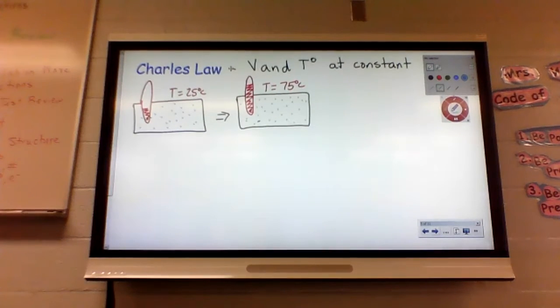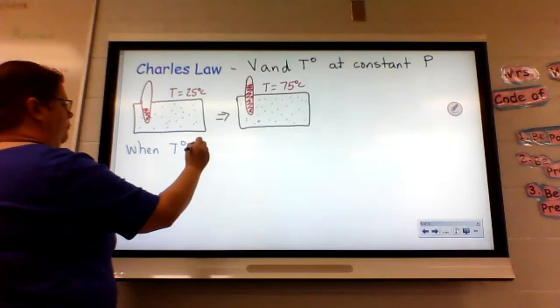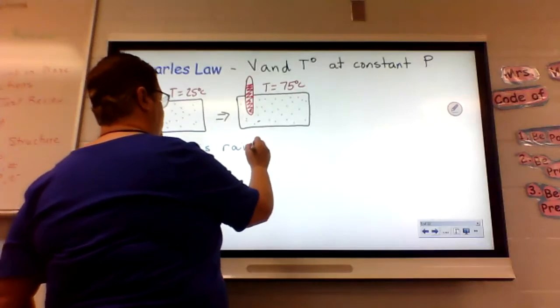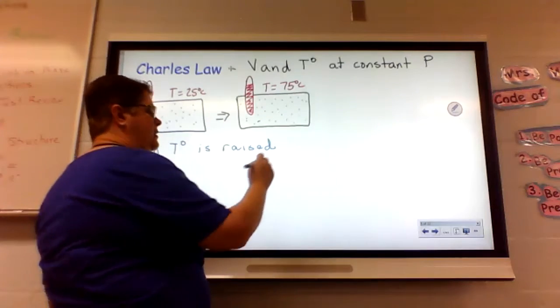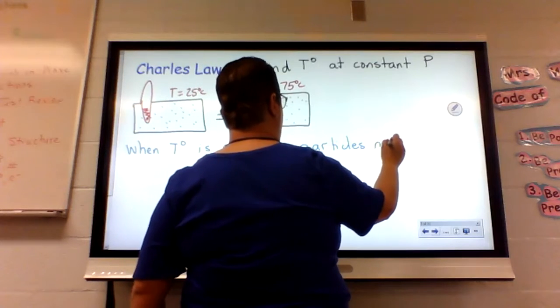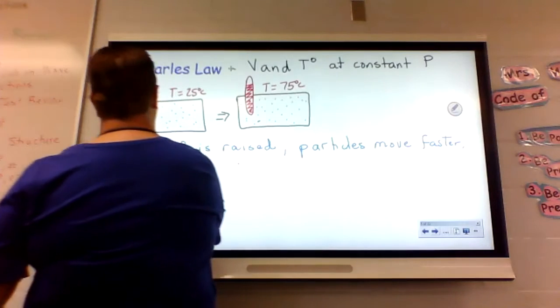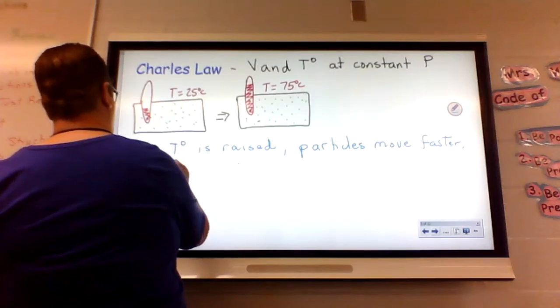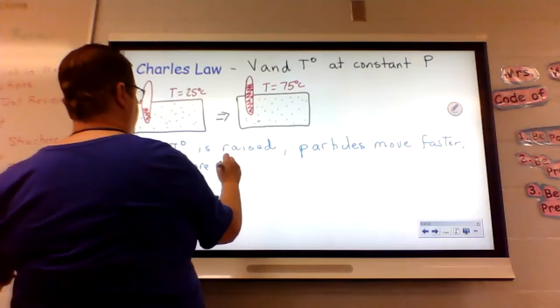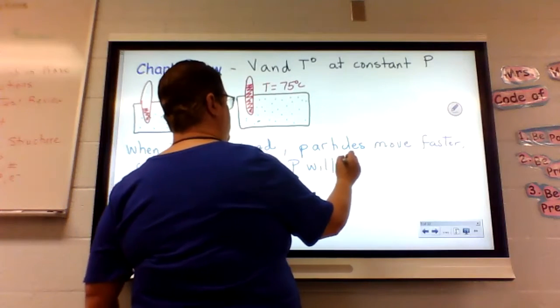So what's going to happen inside the container if I raise the temperature? They have to move faster. There'll be more pressure. Ah, if they move faster, the pressure's going to increase. When temperature is raised, the particles move faster, collide more often, and pressure will increase.